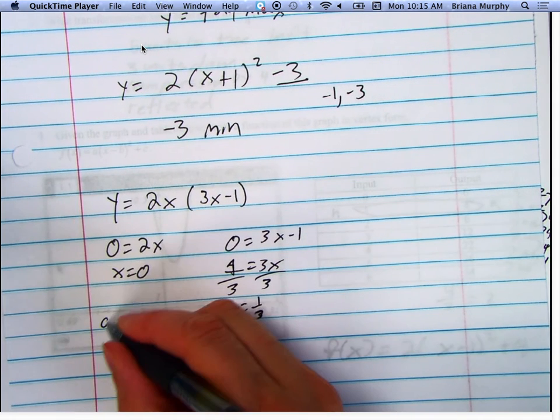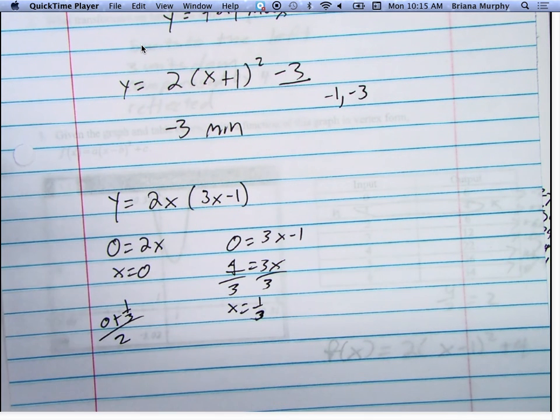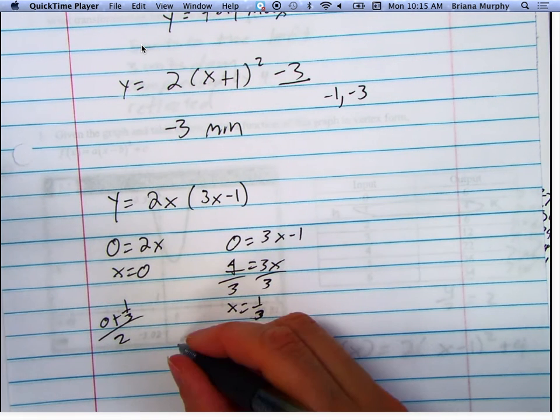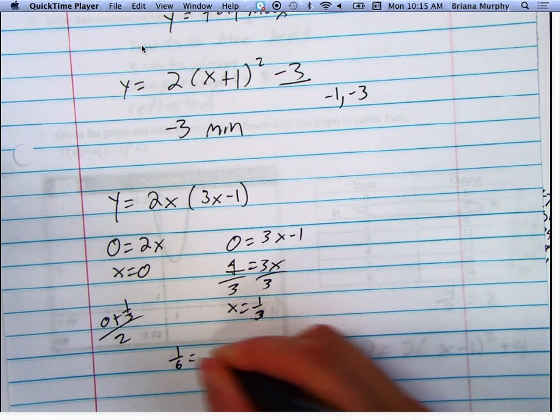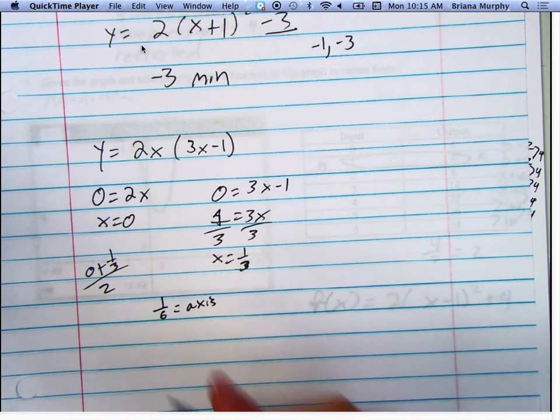So I'm going to add them together and divide by 2. And I get 1/6 equals my axis of symmetry, or the x value of my vertex, right? So I just plug it back in.